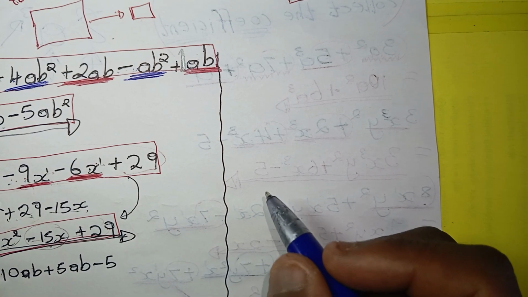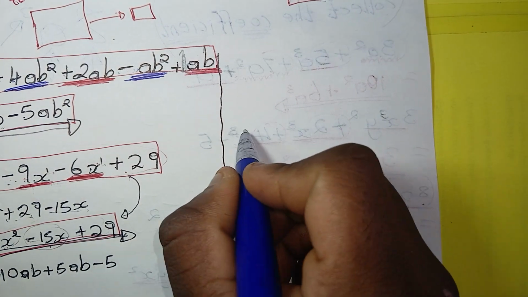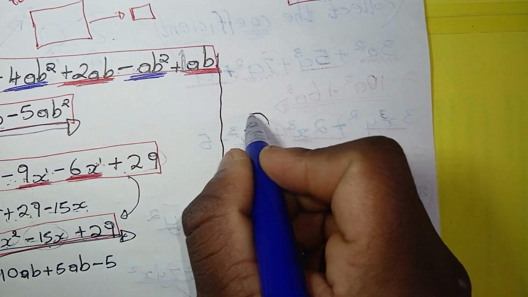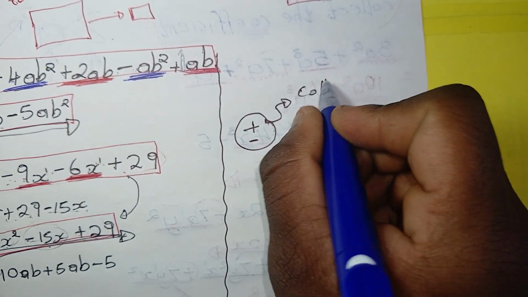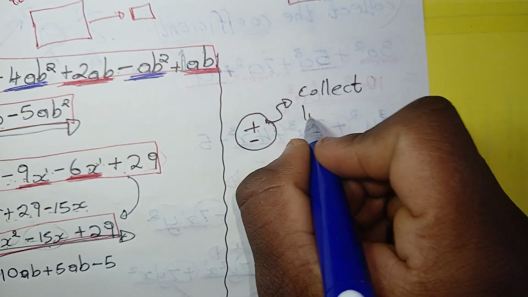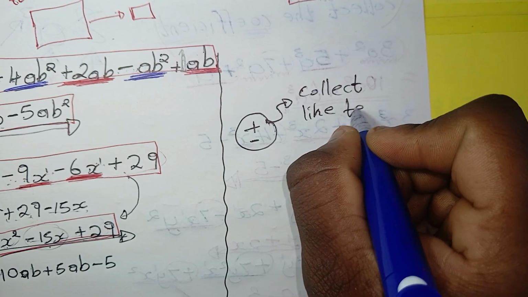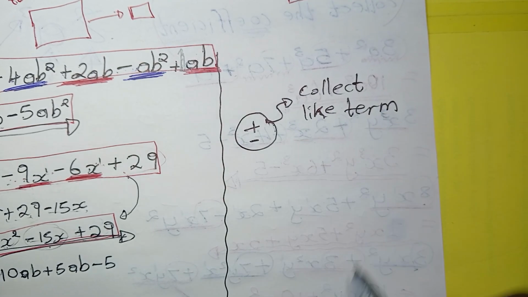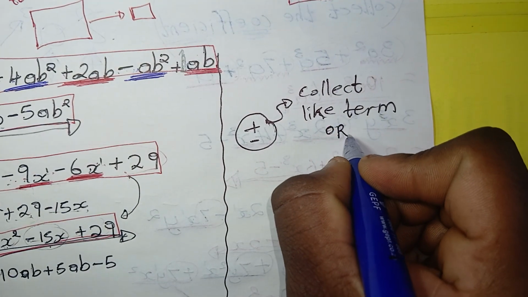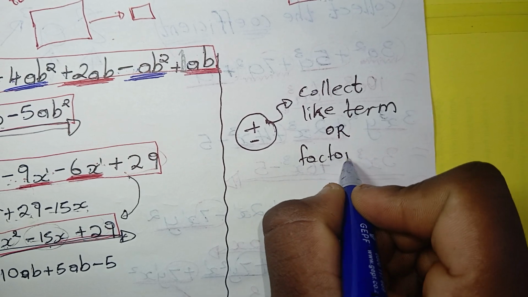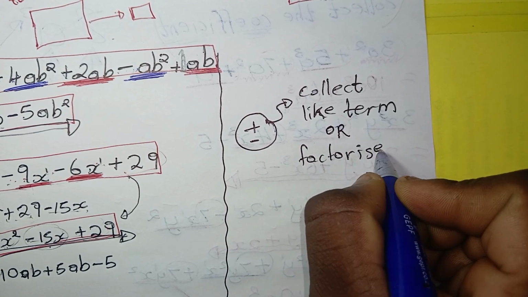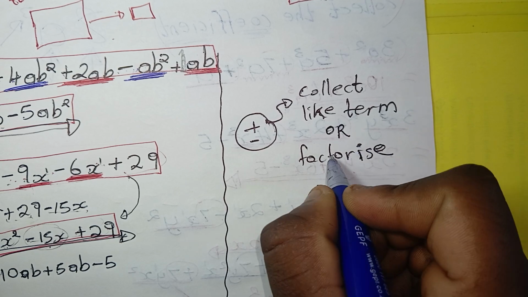So guys, what you should understand now is that when you see plus or minus, it's either you collect like terms, or you factorize.